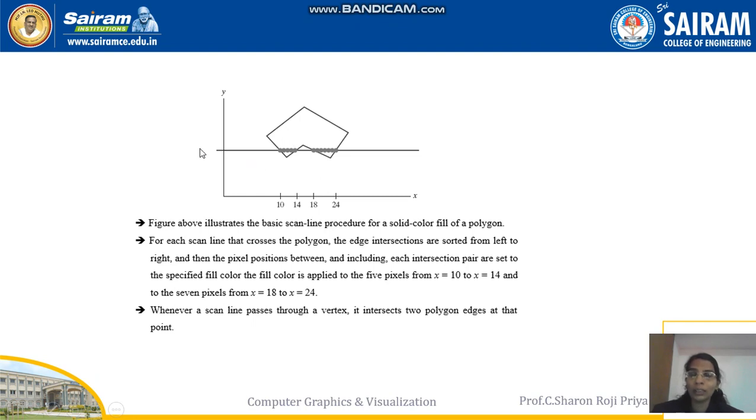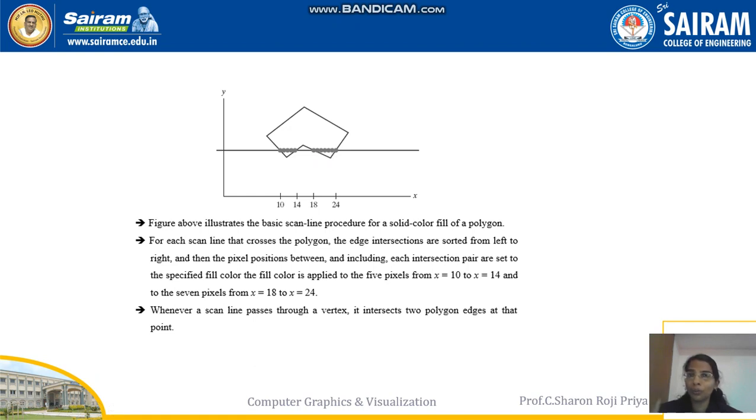If you see this scan line intersecting with the edges of my polygon, I want this area to be filled, and again I want this area to be filled. So for these two intersecting edge values, I'll note down the corresponding x values, similarly note down the other corresponding x values, and store them in the frame buffer.